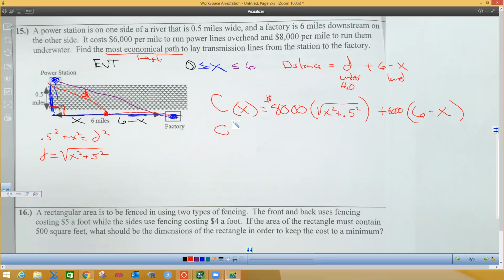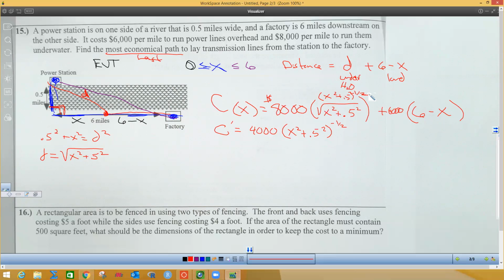So I have to do the derivative of this thing. I am thinking of this part right here as X squared plus 0.5 to the half power. So I'm going to do the derivative and take a half times 8,000, which is 4,000. I leave this part inside the same. There should be a square right there. And if anybody sees me make a mistake on this somewhere, please let me know.